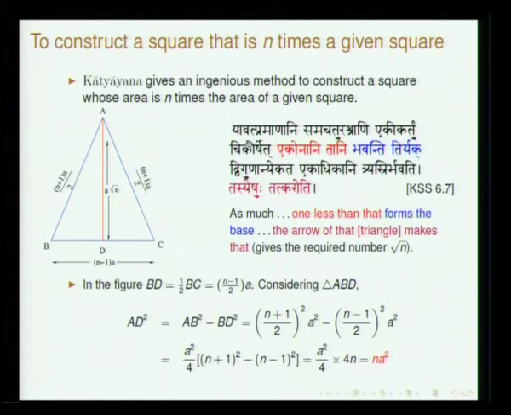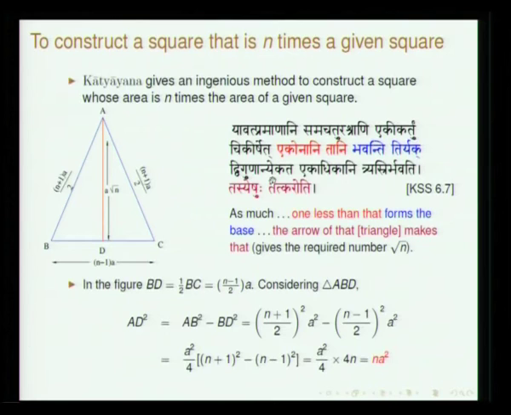So, the problem is this: you want to basically find out the value of root n. How do you go about it? The sutra says yavat pramanani samachaturashrani ekikartum chikirshet. It has been posed in a slightly different way. Suppose you have n squares, yavat pramanani, as much as you want.